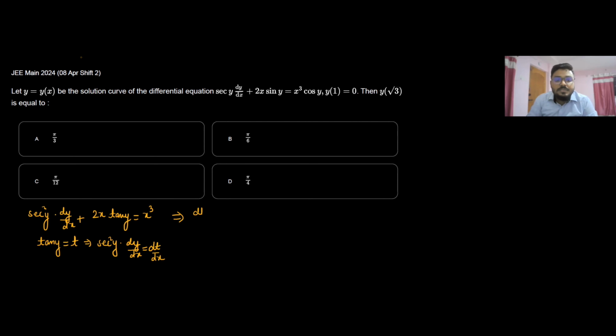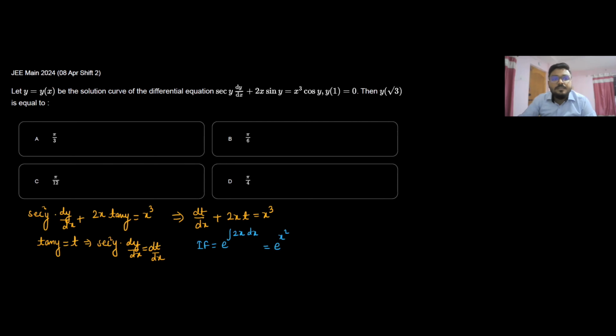So dt by dx plus 2x times t equal to x cube. Now this is a linear differential equation. So let's find the integrating factor. The integrating factor is e raised to the power integral of 2x dx. So that is e raised to the power x square.